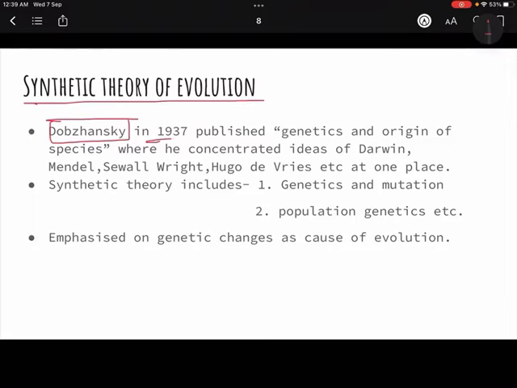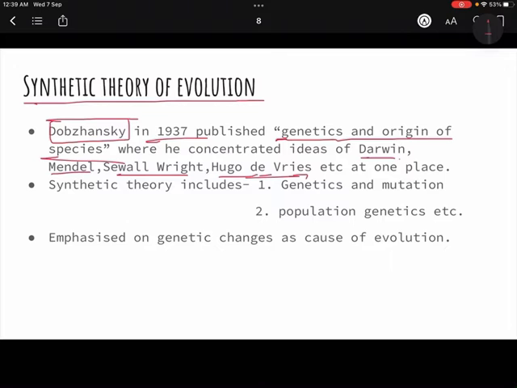In 1937 Dobzhansky published Genetics and the Origin of Species, where he concentrated the ideas of Darwin, Mendel, Sewall Wright, Hugo de Vries, etc. So he synthesized the ideas of many thinkers and evolutionists.